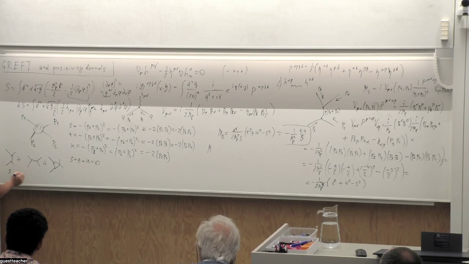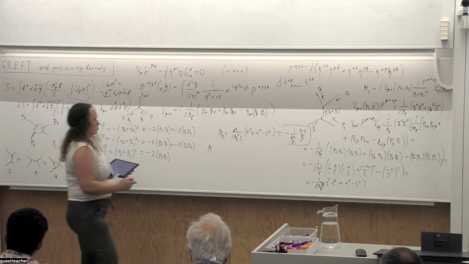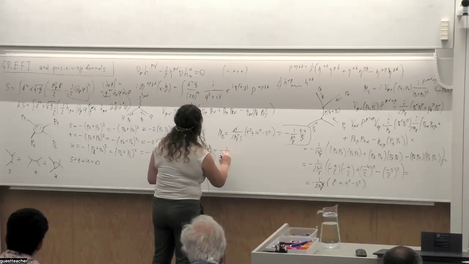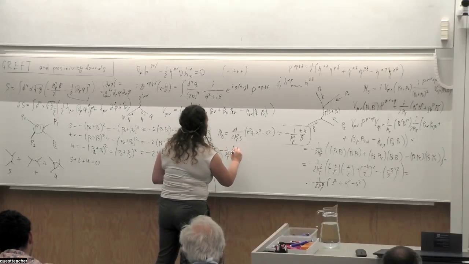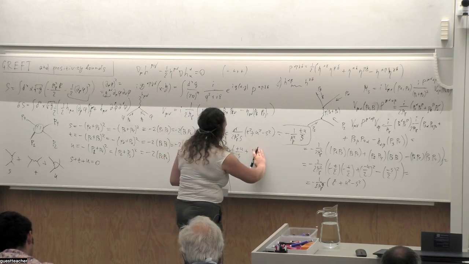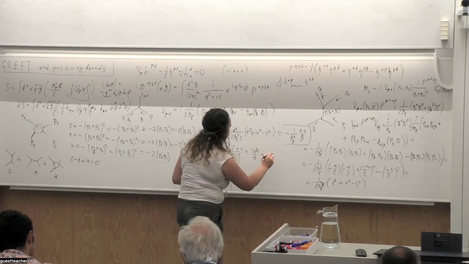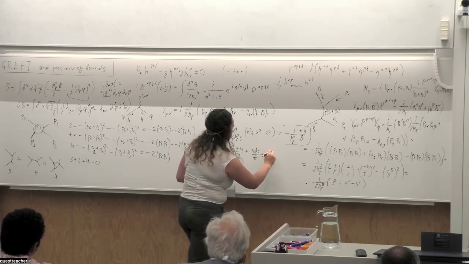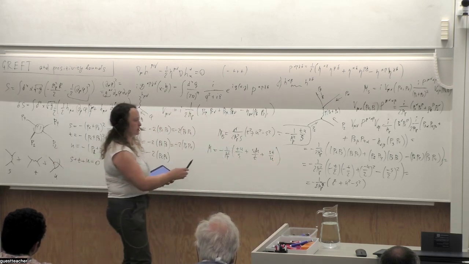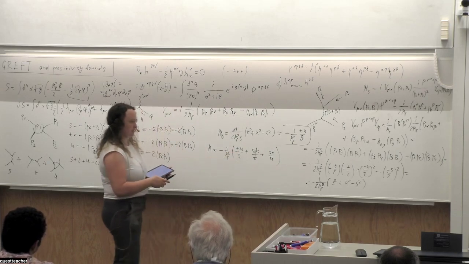So this is what I call S, this I will call T, and this I will call U. And total amplitude will be minus 1/mp squared tu over s plus su over t plus st over u.